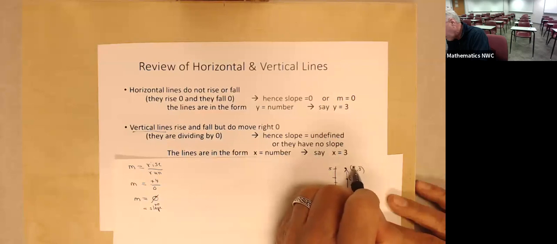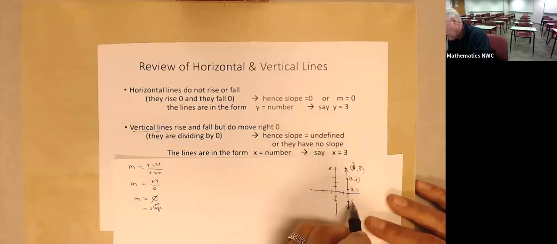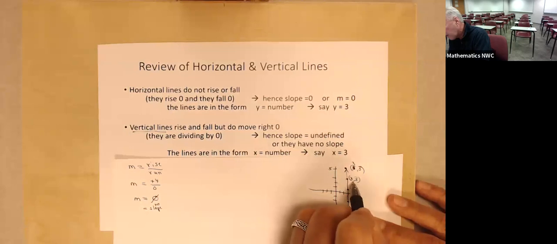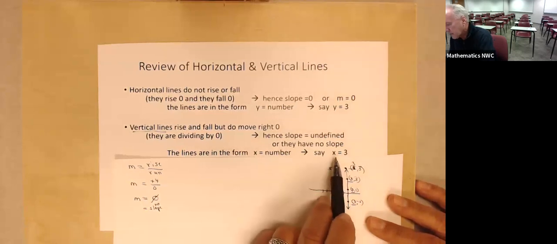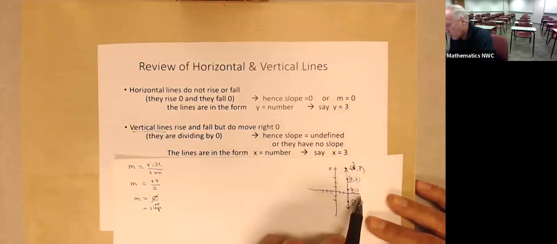I did that one incorrectly, I apologize, 3, 5. This one would be at 3, negative 2. I know they're kind of small, but notice every time the x was a 3. That's what makes the line a vertical line. And that's what this is saying. It doesn't matter what the y's were, the x was 3 every time.